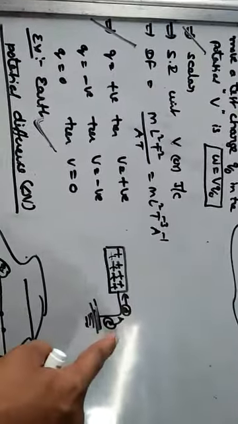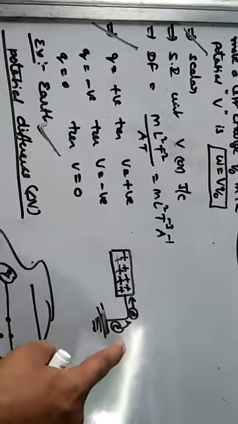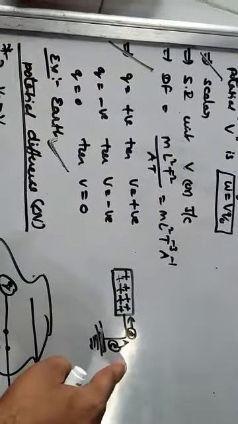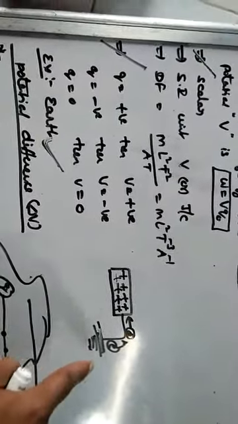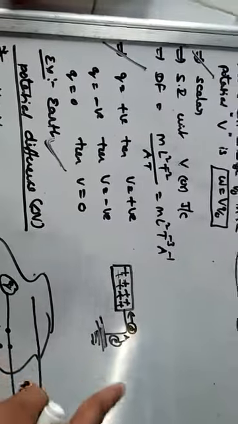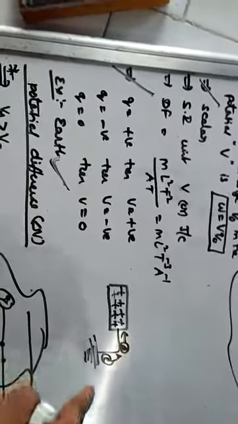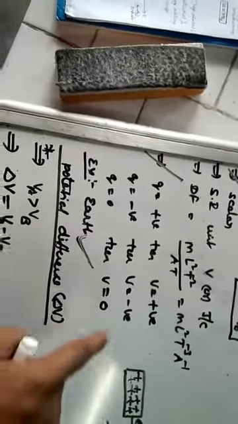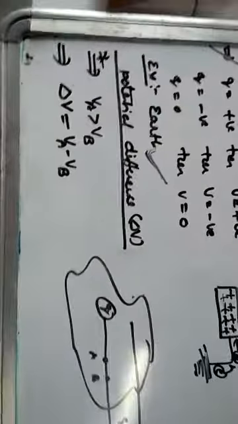So if you add electrons or remove electrons from the earth, it will not get any charge. It is not getting charge, which means it is zero charge here. So charge is zero, potential of the earth is also zero. Remember this sentence.